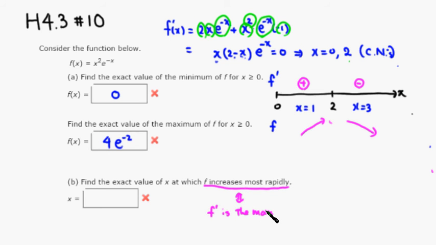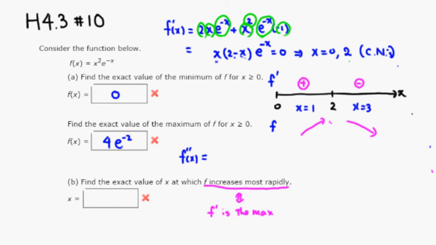So we're looking for the maximum of f prime. What we can do is take the derivative again. So the second derivative, f double prime of x, is the derivative of this guy.